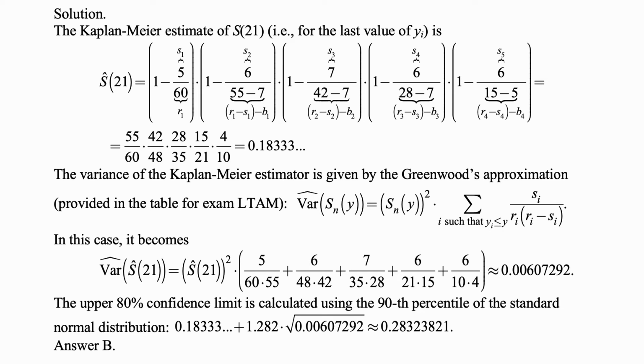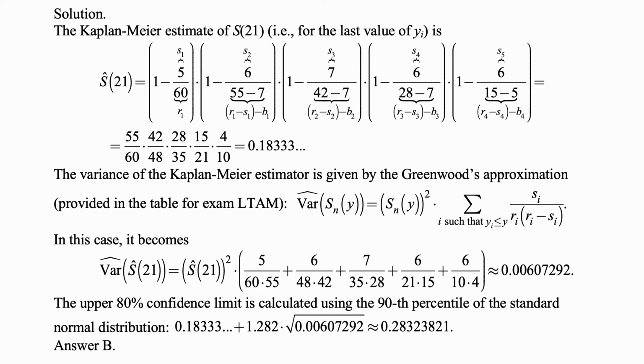So S3 over R2 minus S2 minus B2, and then S4 over R3 minus S3 minus B3, and then 1 minus S5 over R4 minus S4 minus B4. And we plug in the numbers for all of those, and we calculate, and we get approximately 0.18333, going on forever. 3 goes on forever in this.